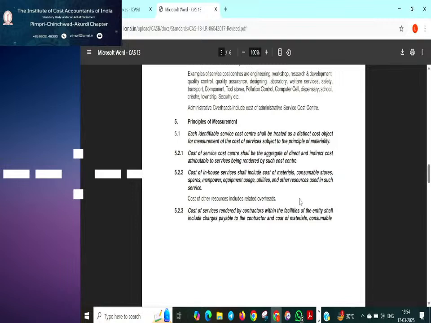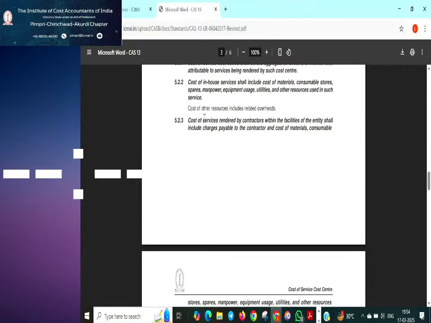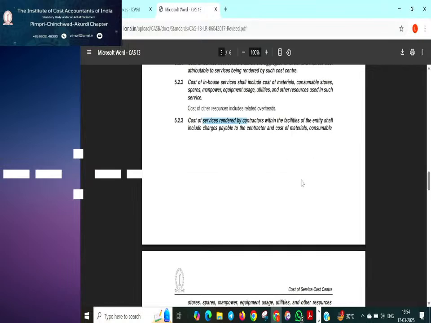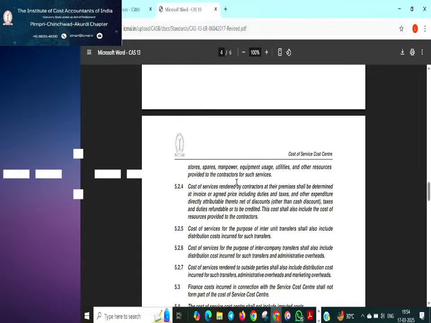And when we talk about services rendered by the contractors, but the facility is our own facility, the contractors are rendering services in that. So whatever fees is paid to them, along with that, whatever cost of material, consumables, stores, spares we incur in connection with that service department should be taken into consideration.